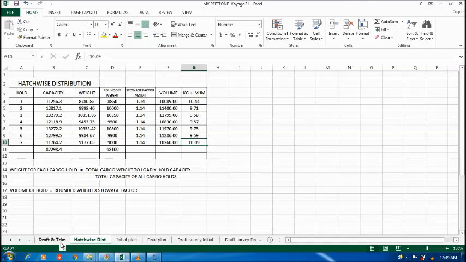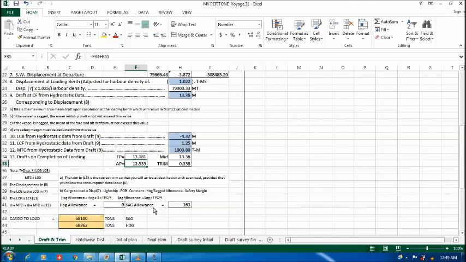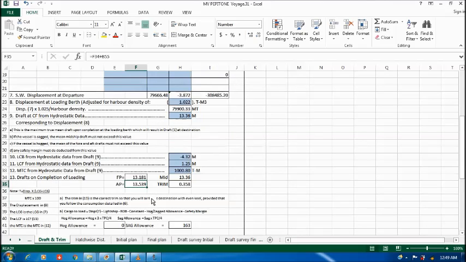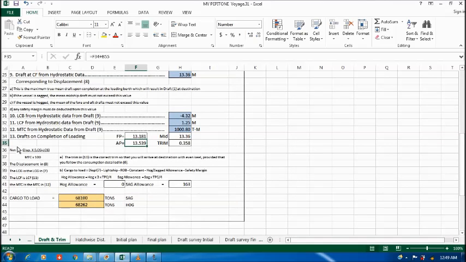And now we have just finished our Hatchwise distribution, and we have computed our drop and trim calculation form and our drops on completion of the loading, and our total cargo to load, which is 68,100 tons.